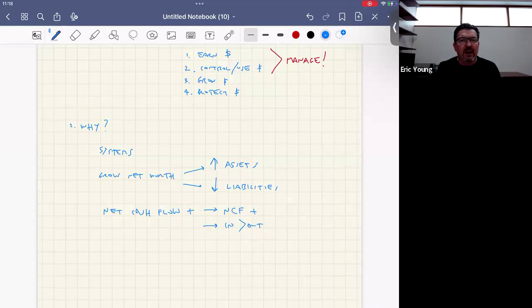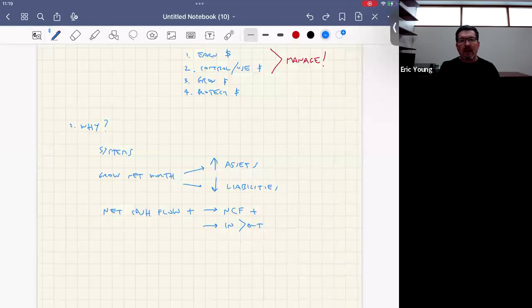This is a critical idea. If you're not running net cash flow positive, nothing else can happen in finance. You'll have no money to pay down debt, no money to acquire assets. So the entire wealth building system just grinds to a stop unless you've got money coming in and money left over after you spend.